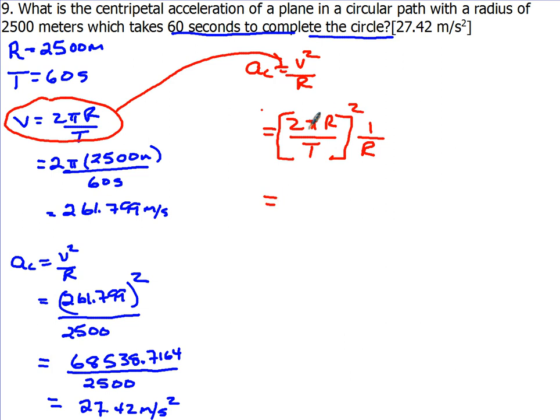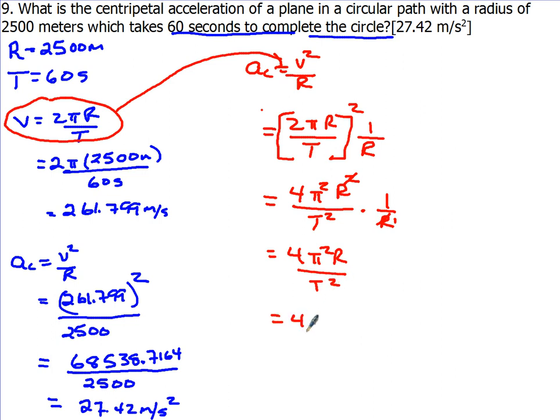To do squares, you just apply the square to everything. So 2 squared, 2 times 2 is 4. Pi squared, r squared, divided by the period squared, and this is times 1 over r. So one of these radii cancels, and you're just left with 1 there. So this becomes 4 pi squared r divided by the period squared.